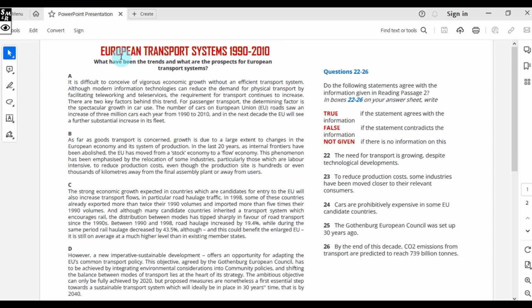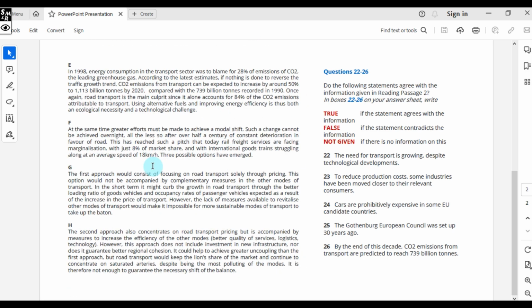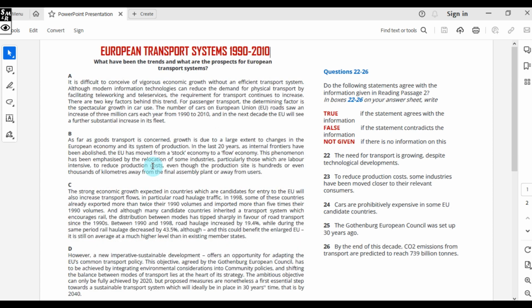It's about the transport system in the whole passage, its future form, past form, present form. It will show you every form. This is all about the European transport system.